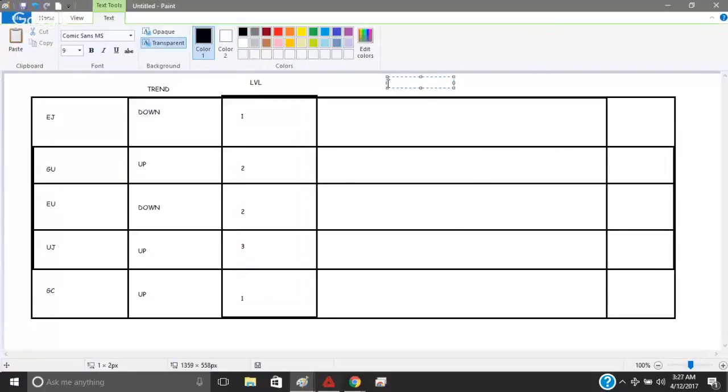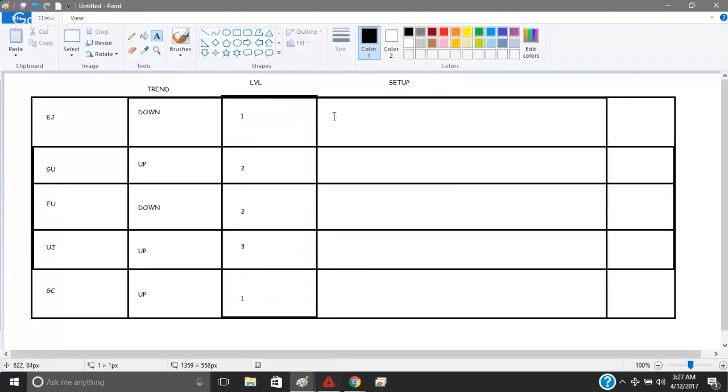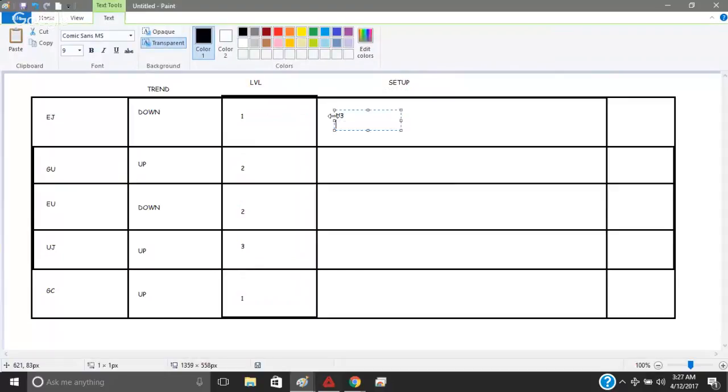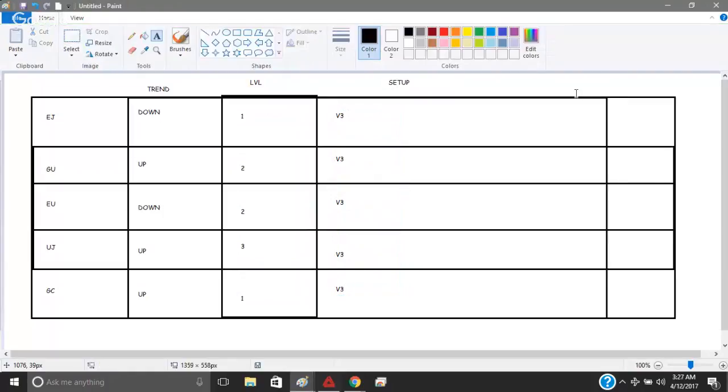What's happening? V3, V3, V3, V3, V3. Okay, you kind of keep it organized like this and go through right in here, write everything that you got going on for it.